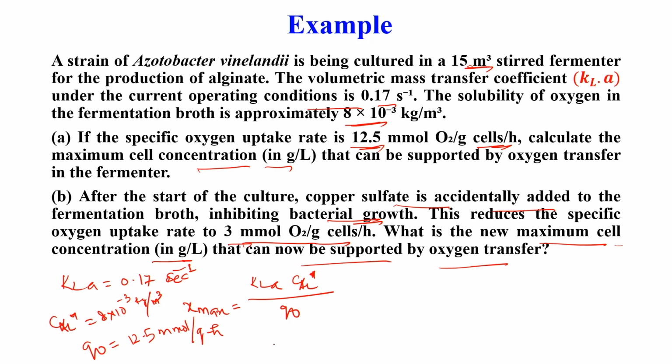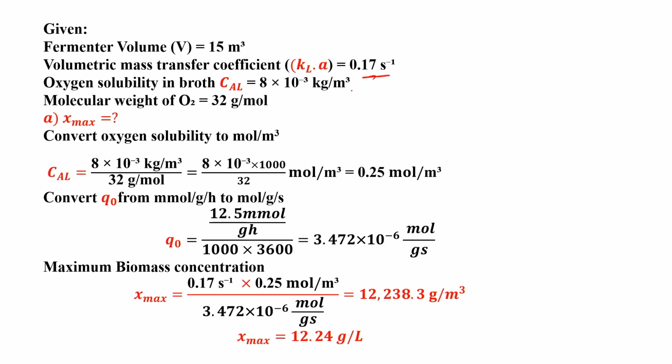So, first we will solve part A, then part B, only this Q naught will be replaced by 3 millimole oxygen per gram cell per hour. So, K_LA is 0.17, C_AL star is 8 into 10 to the power minus 3 kg per meter cube, and this X max we have to calculate.